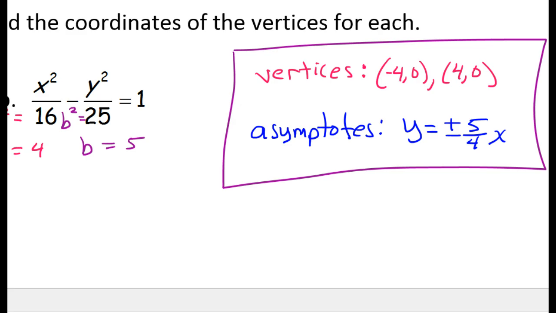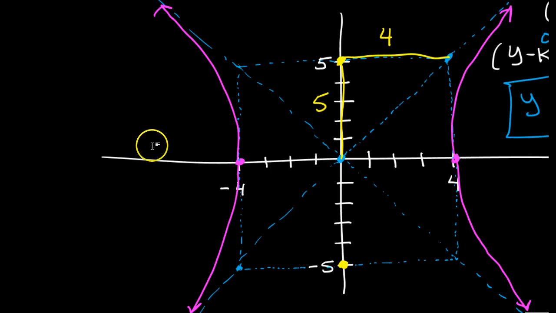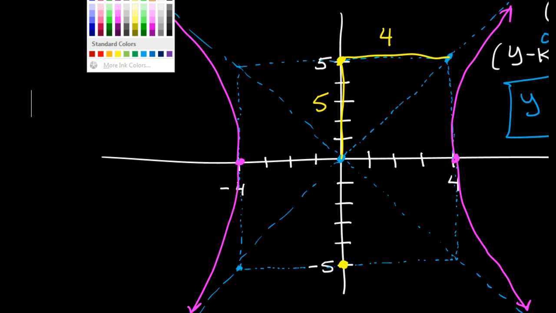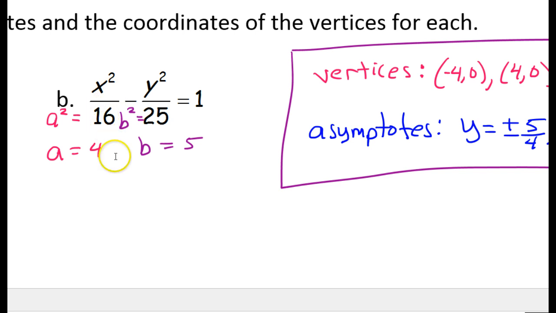But one more thing, always keep in mind that if the x term is first, then the hyperbola will be horizontal, opening left and right. Or I could say it's a horizontal transverse axis, remembering that the transverse axis is the segment connecting the vertices. So that's going to be horizontal when the x term is first.